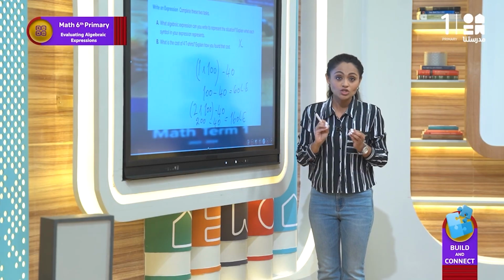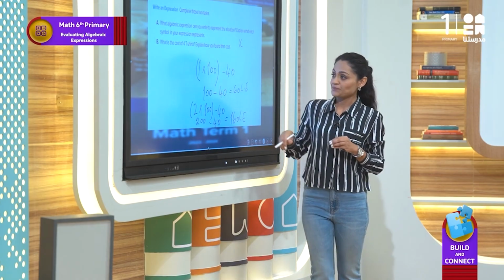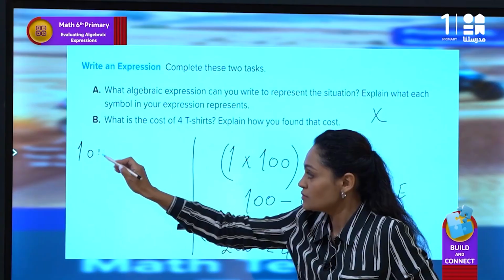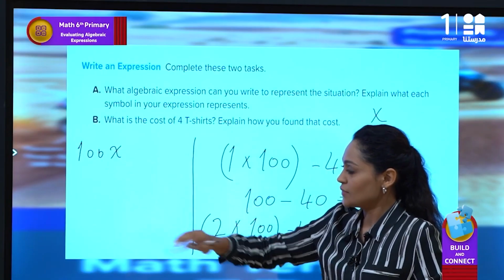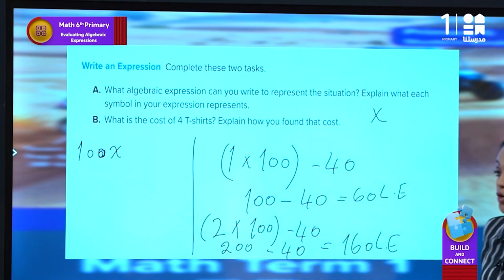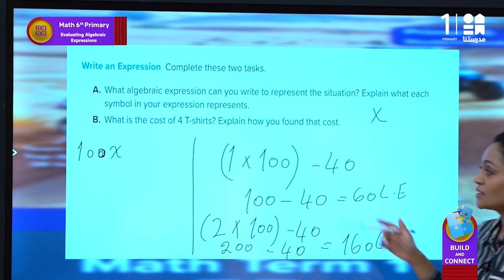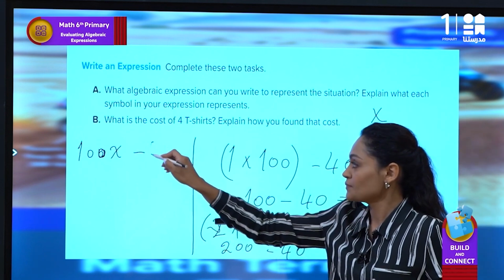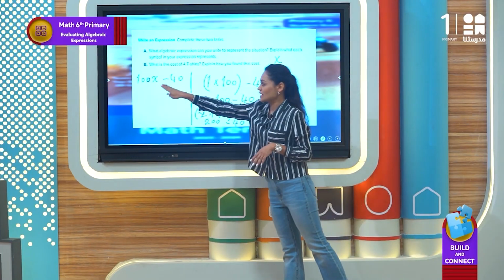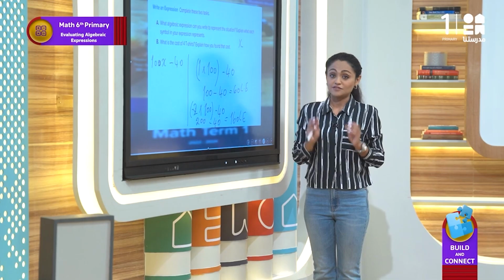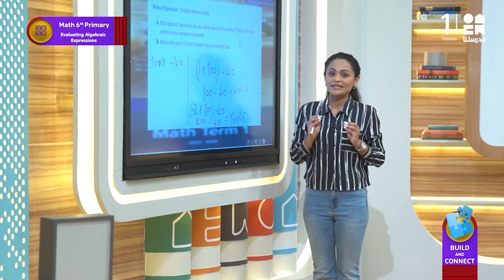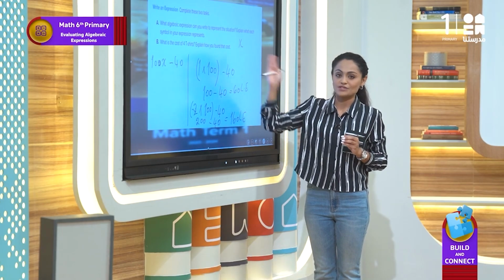So we write 100 times X. Let's write it here. 100 times X. Here it means 100 times X. Then we subtract 40. So this is the expression like we write it here. After we have represented the situation by an algebraic expression, you can now answer the second question.